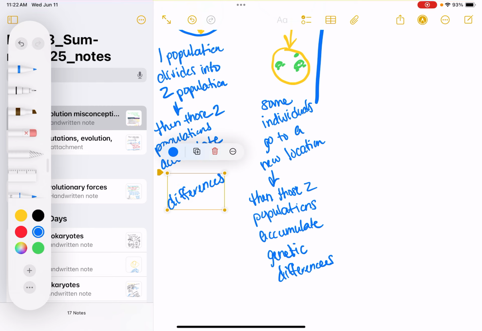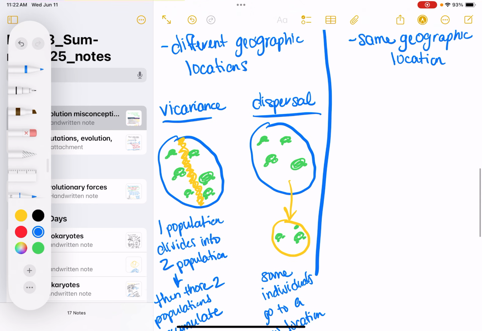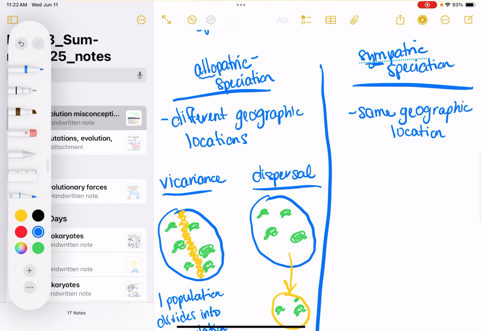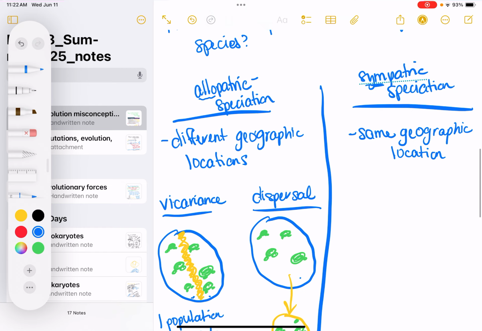So let's move that down just a little bit, right? Just to specify that these are going to be genetic differences. So some of them we can easily see and some of them maybe we can't, okay? So here we have allopatric speciation. Note that this happens in two different locations. So we have these populations in the two different areas in vicariance, and then we also have them in two different areas with dispersal, okay?